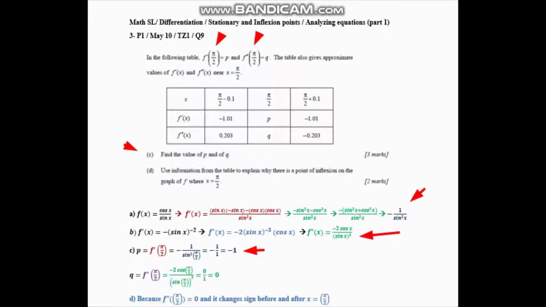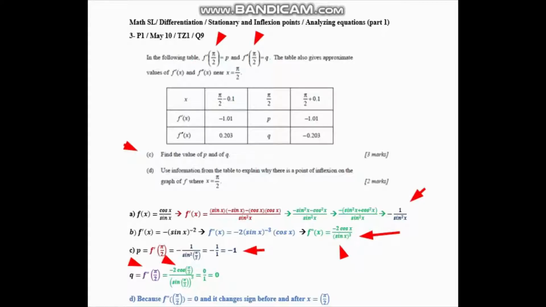And f double dash of pi over 2 requires the same process. I plug pi over 2 for x in the equation of f double dash, getting negative 2 cosine pi over 2 divided by sine pi over 2 all cubed.